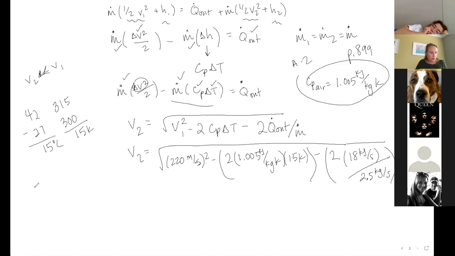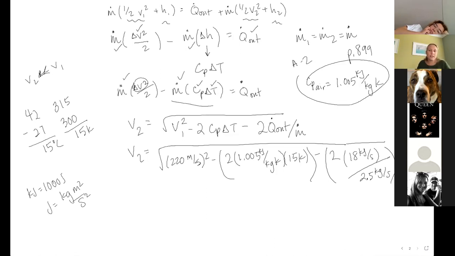I think it's 1,000. Yeah, it is 1,000 because a kilojoule is 1,000 joules, and a joule is a kilogram meter squared per second squared, right?